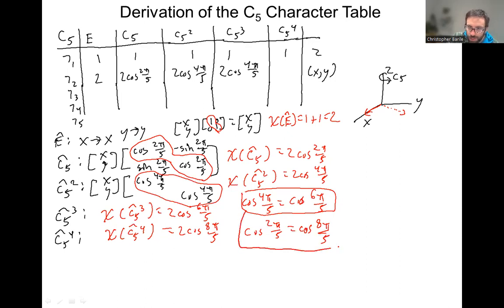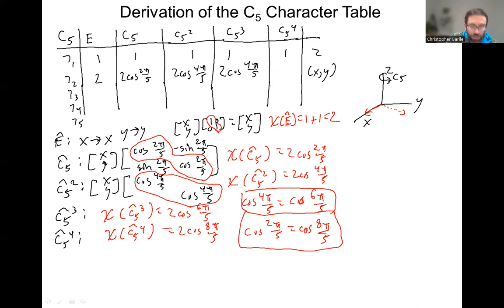So we're going to be using a lot of different trigonometric relationships here. With the pi over 5s, you can turn them into something like we might be used to with cosine 60 degrees, cosine 120 degrees, where you have things like root 3 over 2. Here you'll have root 5s. It's a little messier. We're just going to keep it in this form.